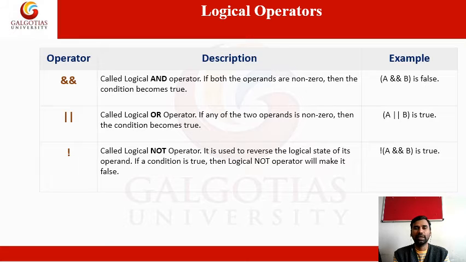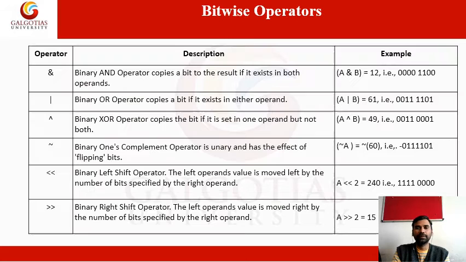But in the either-or case, we can say true. What is the complement of a and b? A and b is false. So not false equals true. Am I correct? So this is the simple logical operator.